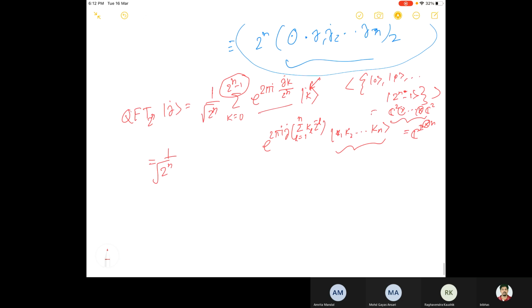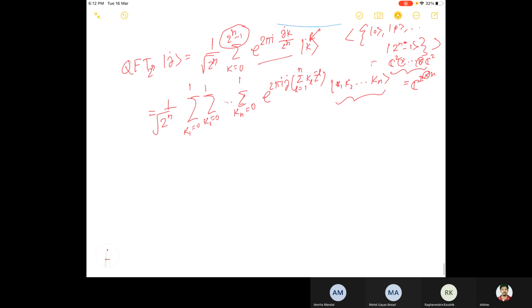And then here I can write that kn is from 0 to 1, dot dot dot, k2 is from 0 to 1, k1 from 0 to 1.